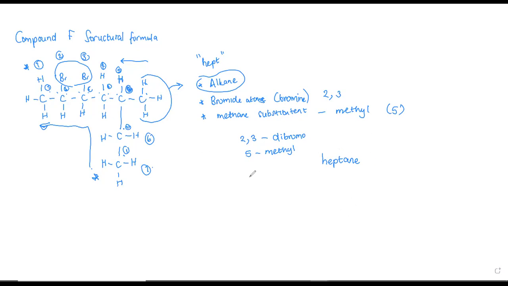So if you like, you can put these as 2,3-dibromo, you separate it with a dash, 5-methylheptane as the IUPAC name for this compound, or it could be a 5-methyl-2,3-dibromoheptane.